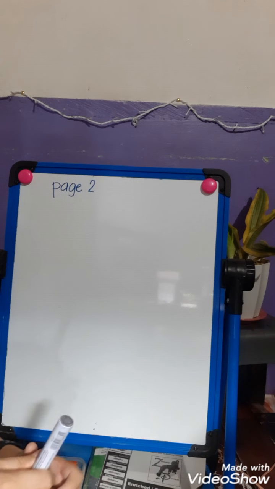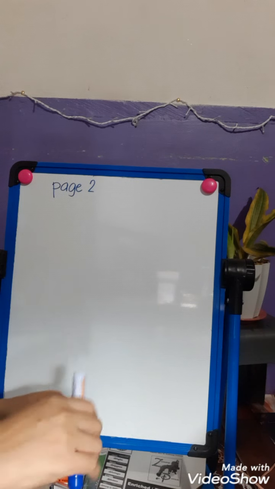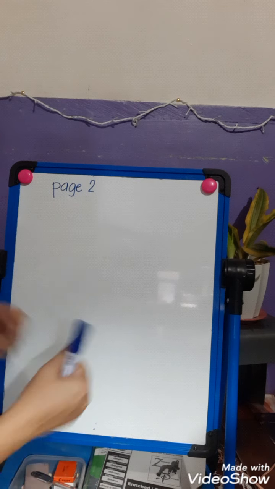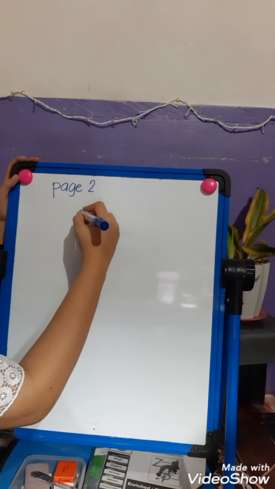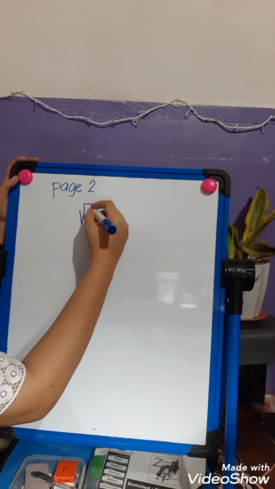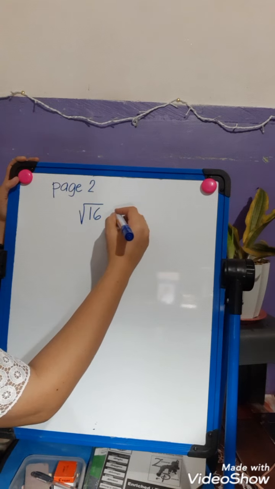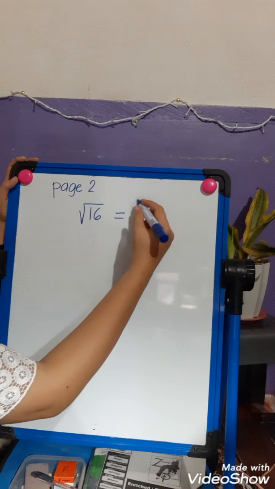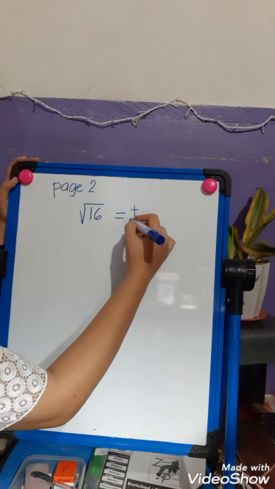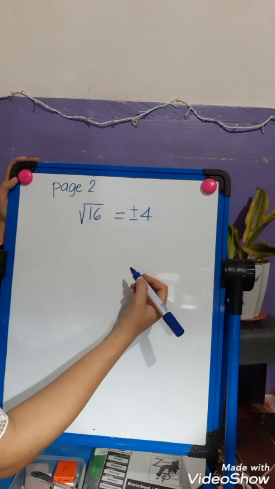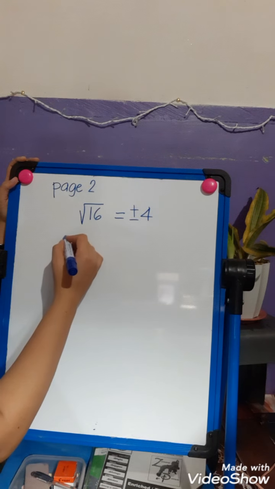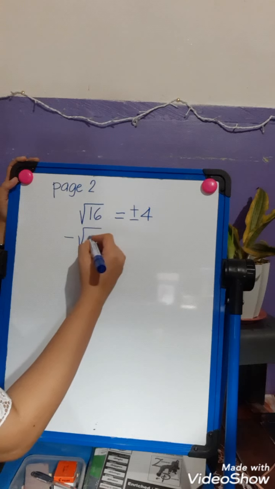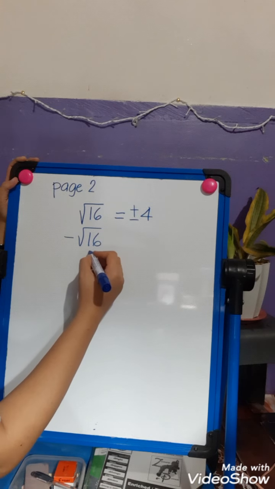Moving on to page 2, activity 1. Suppose you are asked, what is the square root of positive 16? Then, based on our previous discussion, the answer will be plus and minus 4. How about the negative square root of 16?